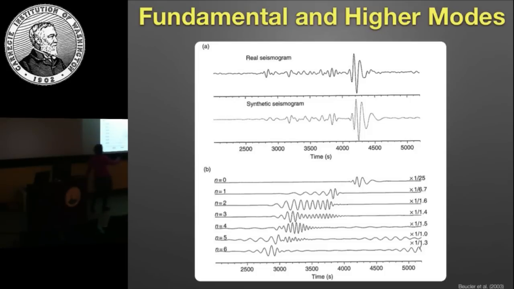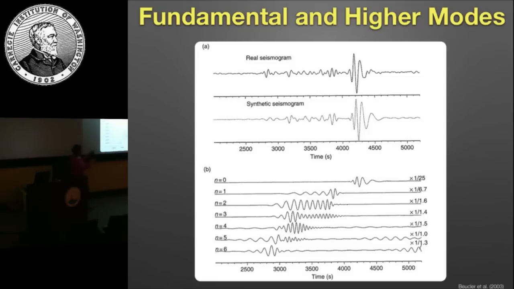And if you were to decompose the different modes, you may notice the different scales. So this is divided by a factor of 25 because the signal is much larger for the fundamental modes. And then we get to a smaller and smaller signal. But you have the fundamental mode here, the first overtone arriving a little earlier, the second overtone earlier, third, fourth, and so on.